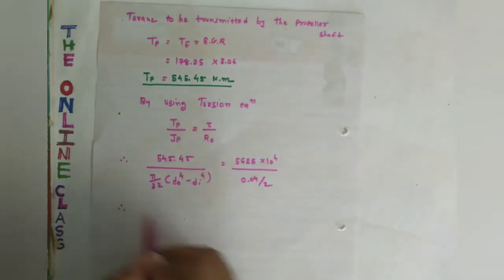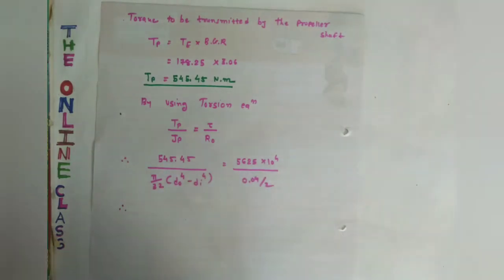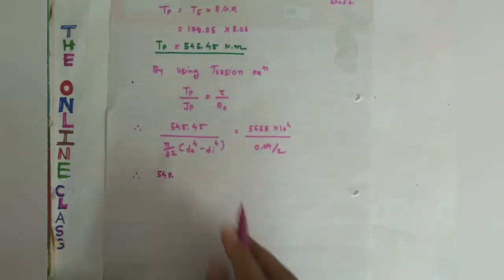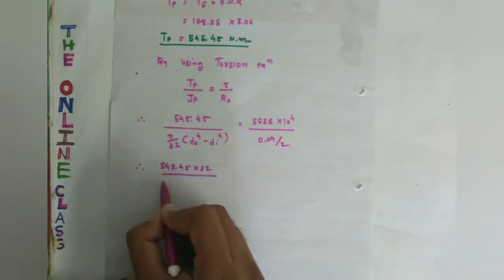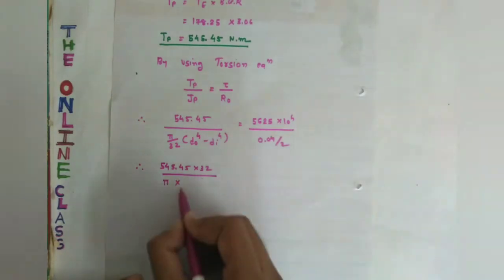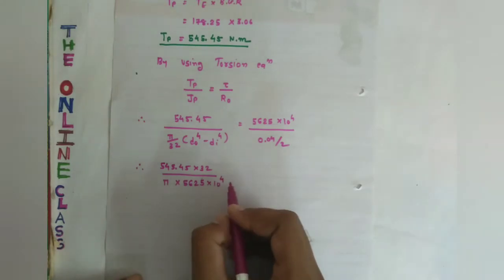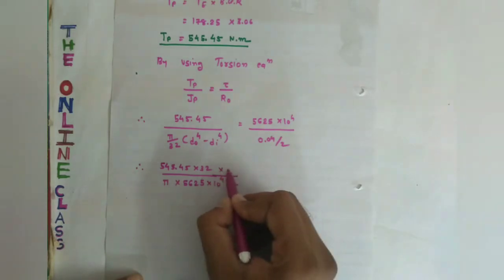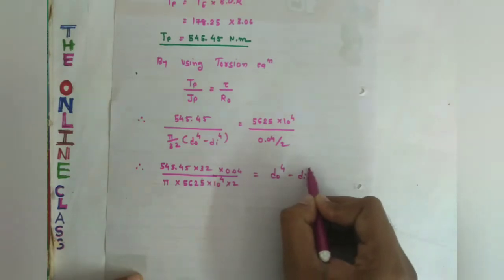Then this value goes to the right side. So 545.45 into 32 divided by pi into 5625 into 10 raised to 4, into 2, multiplied by 0.04, is equal to DO raised to 4 minus DI raised to 4.